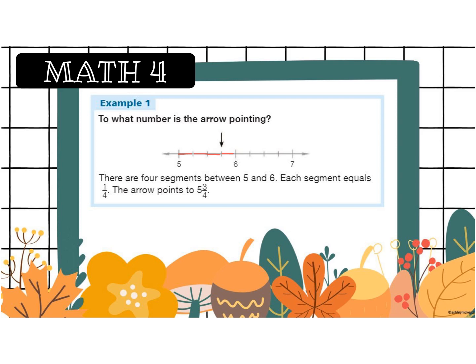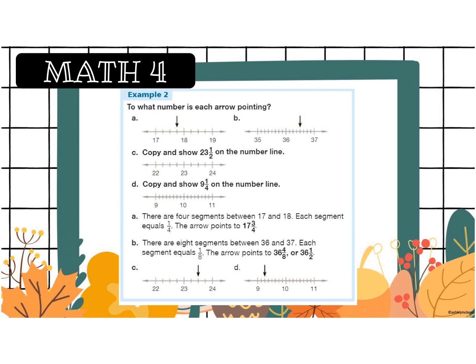So the arrow is pointing to where, Chase? 5 and 3/4. How do I know it's 5 and 3/4? Because here's my whole number. It's 5 and then not quite to 6. It's a fraction of the way, so 3/4. Very good.